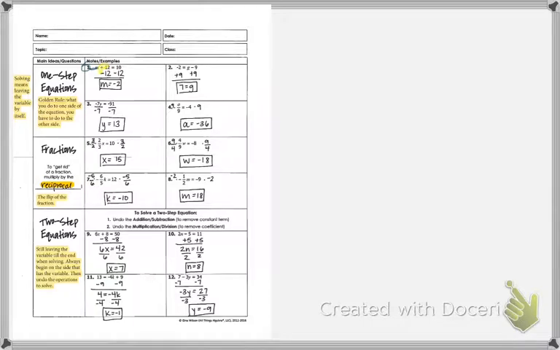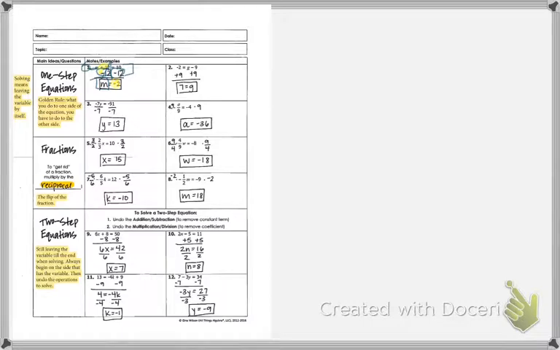Well, that means I got to do what's on this side to this side. This gets rid of the 12 on that side, leaving me with my m. Then we proceed to resolve that side. 10 plus negative 12, or 10 minus 12, however you want to read it, is going to give you your final answer.